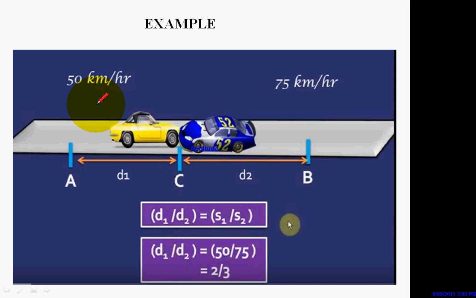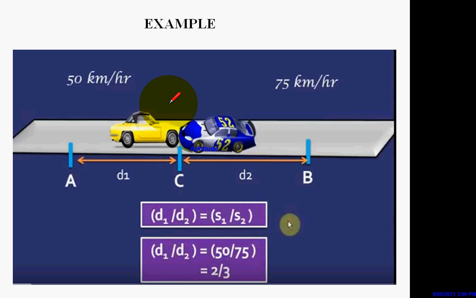And the speed of the cars is also mentioned in the problem. The speed of the yellow car is 50 km per hour and the speed of the other one is 75 km per hour. So here the time is constant, the speed is mentioned, and we need to calculate the distance, that is, when do these two cars meet each other?